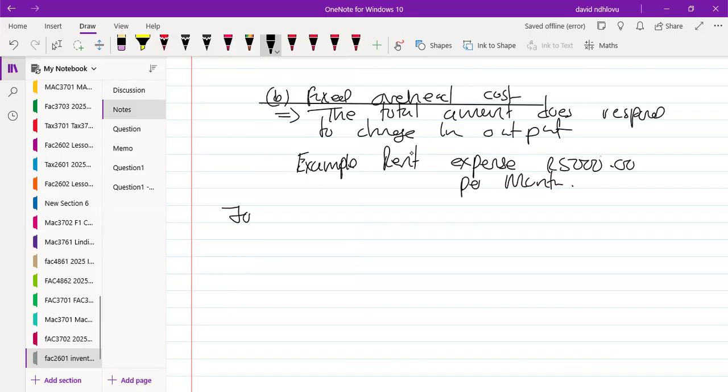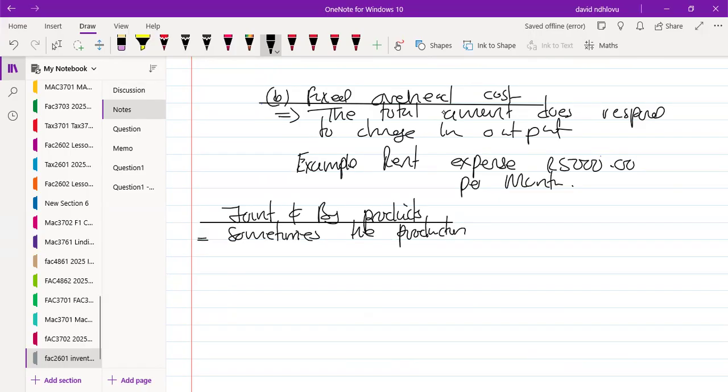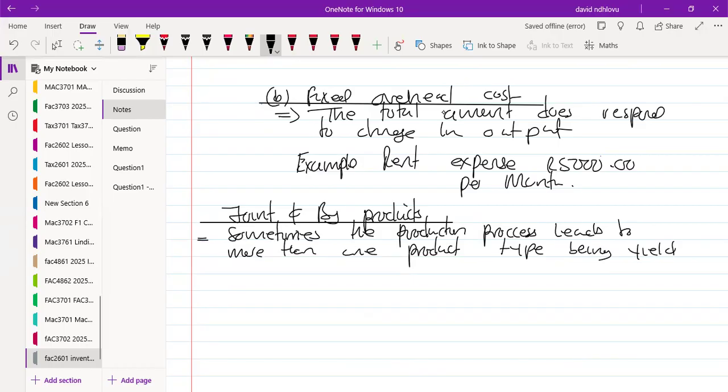Joint and byproducts. So we are saying sometimes, not all times, but sometimes, the production process leads to more than one unit or product type being yielded by the same process.